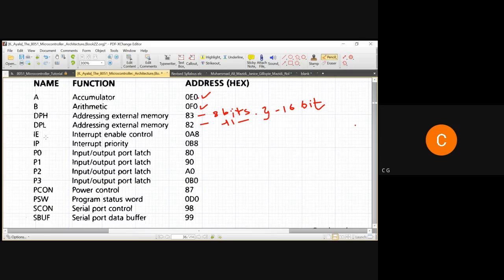Okay. Then there is an interrupt enable control, right? Somebody asked regarding interrupts. So this is the interrupt enable control. If it is not enabled, the interrupt will not be listened to by the microcontroller. Whenever you are dealing with external events, you have to enable the interrupt.